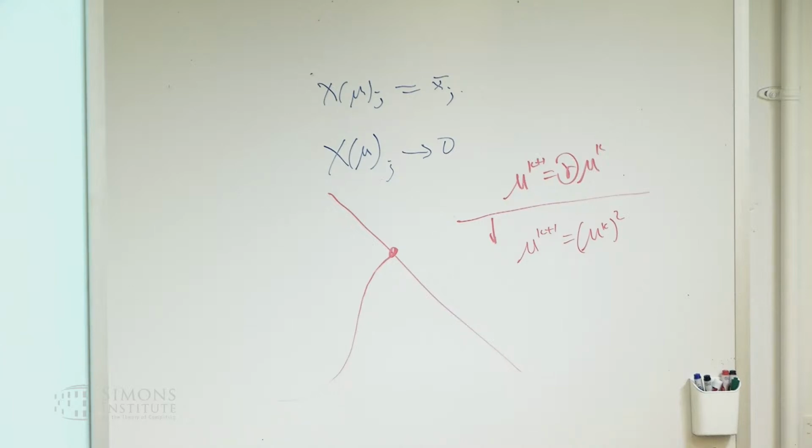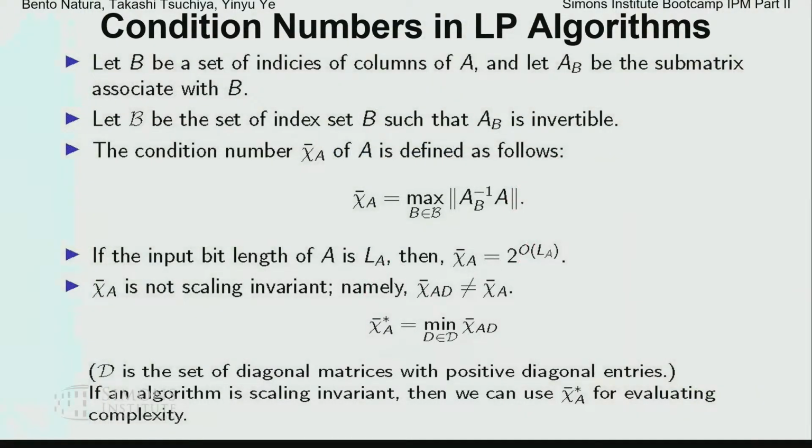Then, how do we analyze the central path? In the past, people came up with different condition numbers. I'm going to list two of them. One is related to the simplex method.